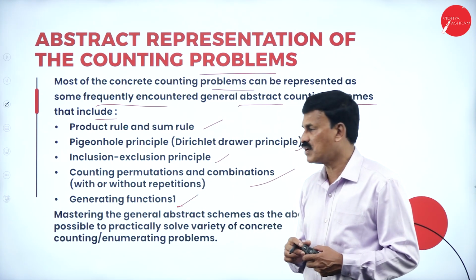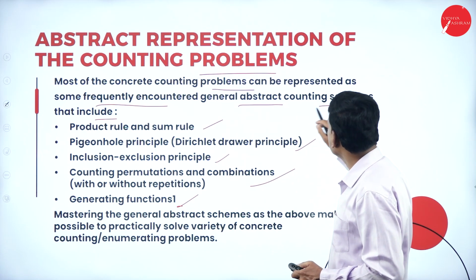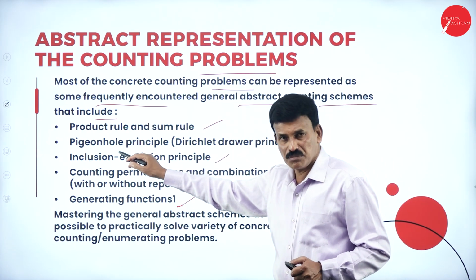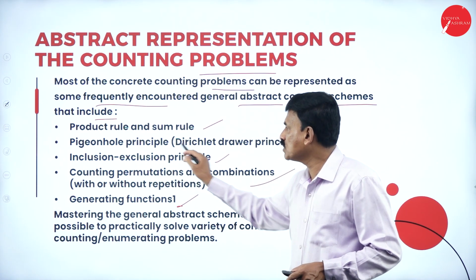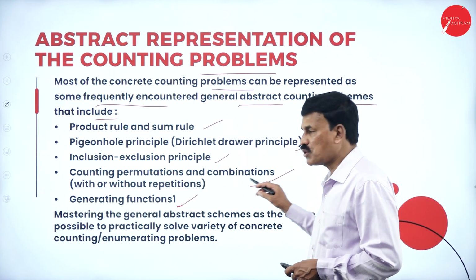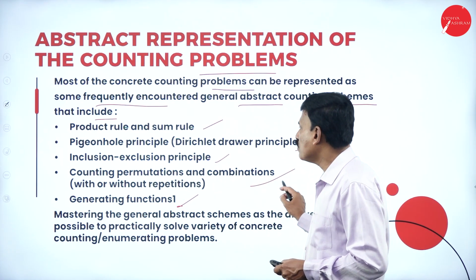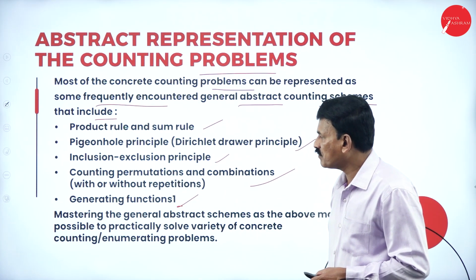So frequently encountered general abstract counting schemes include the product rule, the sum rule, the pigeonhole principle, inclusion and exclusion principles, counting permutations and combinations without or with repetitions, and generating functions.